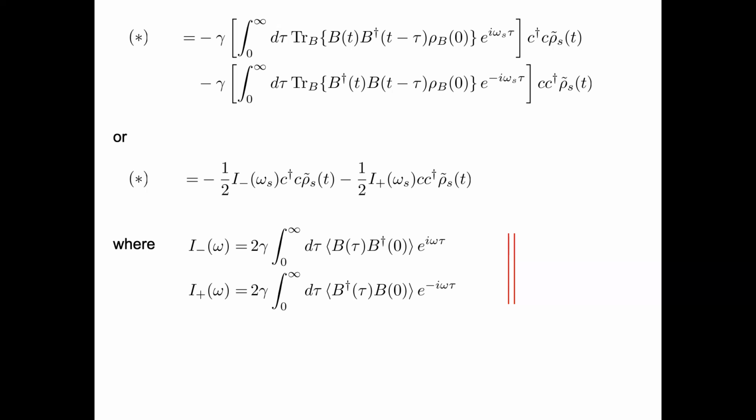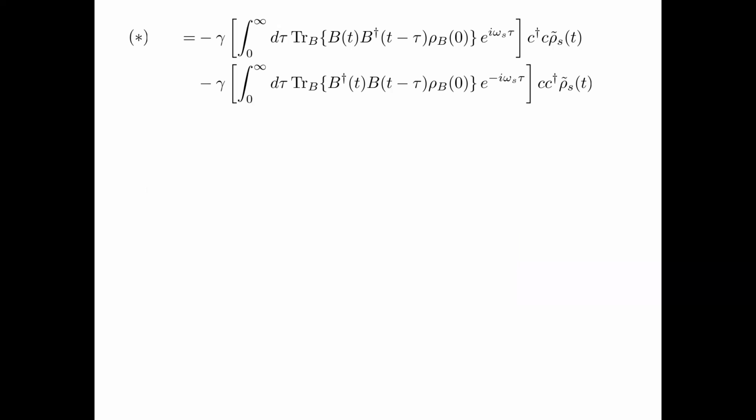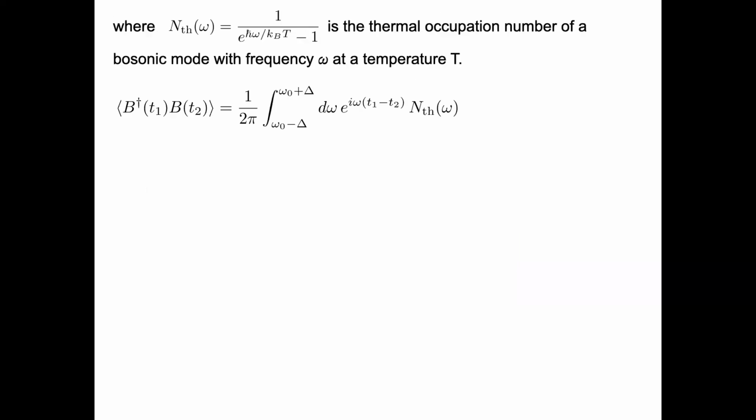The bath operators create excitations and live at the frequency omega 0. So they have a high frequency and some smaller frequency around it. If you calculate correlation functions, what happens if I create or destroy an excitation and then create it later, or the other way around? Then these expectation values will oscillate with this fast frequency.